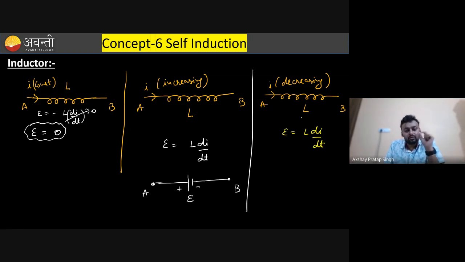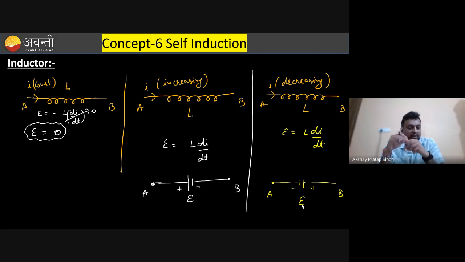Correct. Now the current is decreasing, so this inductor will try to support this current and will behave as a cell which supports this current. So an identical circuit you can draw: this is A, this is B, this terminal will become positive, this negative, and this is the cell.